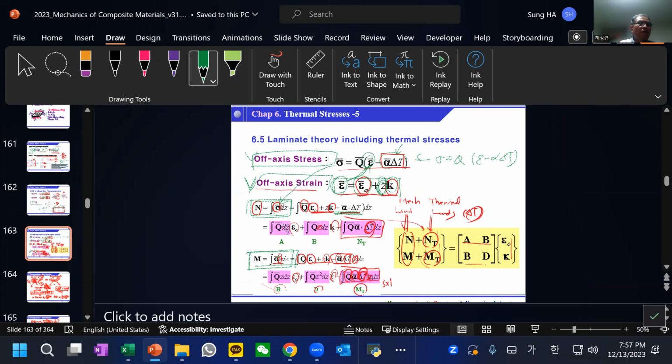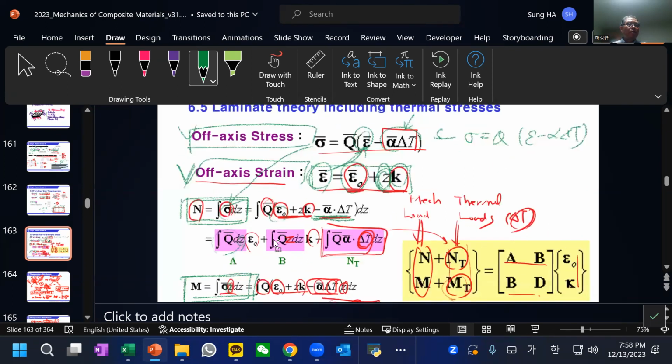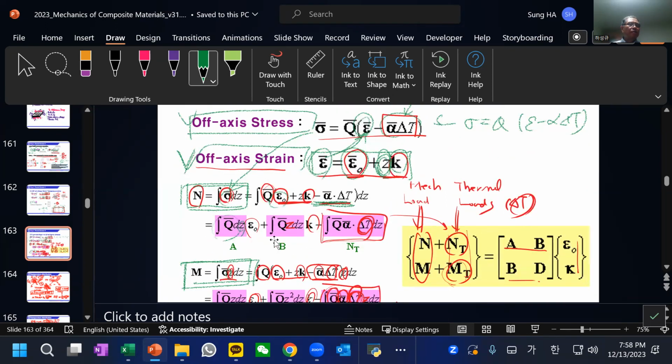So Q bar, the off-axis stiffness, can be different from position to position, meaning that it can be a function of z. So it cannot come out of the integration, but epsilon 0 is a constant independent of the z thickness, so it just comes out of the integration.